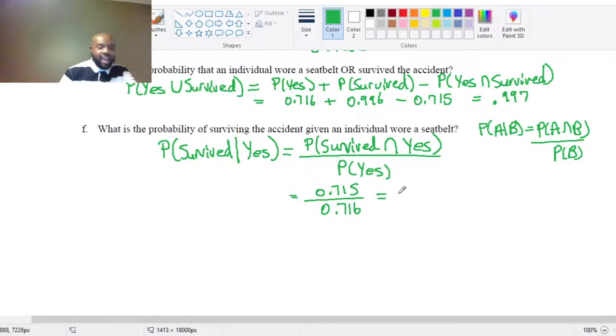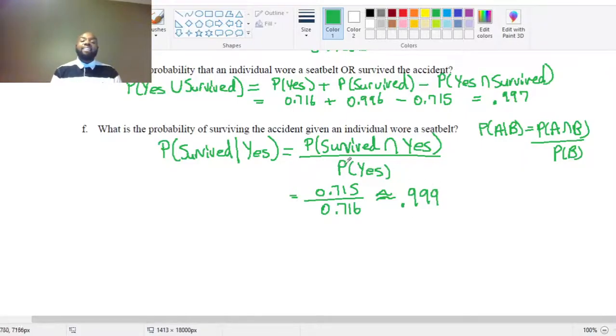If I put that in my calculator, I get approximately 0.999. So the probability of a person surviving an accident, given that they wore a seatbelt, is 0.999. You're almost guaranteed to survive, even though not everybody does, based off of this data.